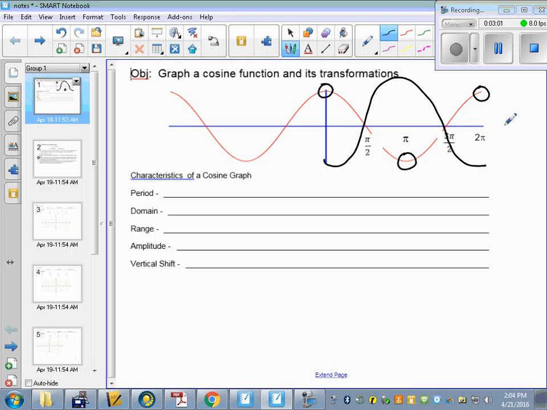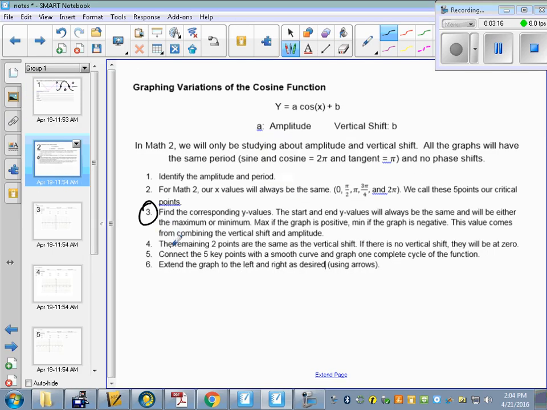And then here's your midline. Notice your other two remaining points will be on that midline. So in sine, start, middle, and end are on the midline. On cosine, it's the other 2 points. They're the midline, and start, middle, and end give us our maximums and minimums. And then we're still going to connect them with a smooth curve. We're still going to show arrows to show that the graph continues forever in both directions.